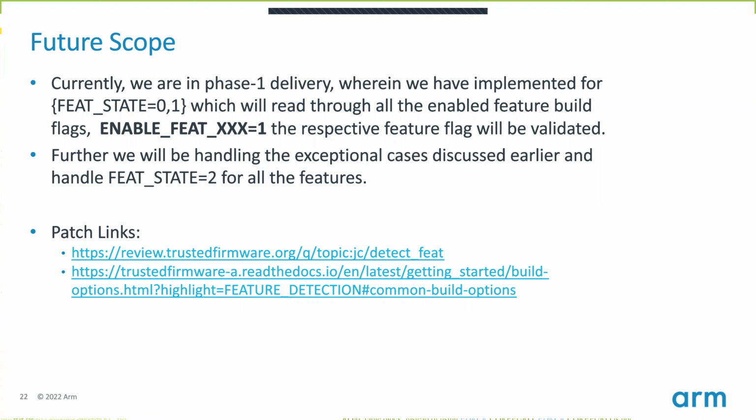As long as the feature register shows the right values, it should be fine. We have seen scenarios where a few platforms have not been enabling a few features, so from the TFA build system we want to ensure that mandatory features are getting enabled. But on top of that, if the platforms don't want them, they can take the decision, or if they want any other features, they can still proceed.